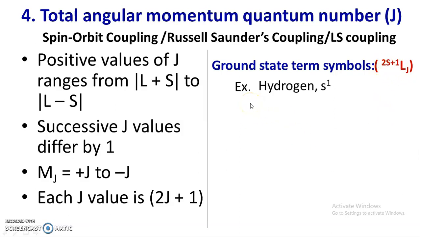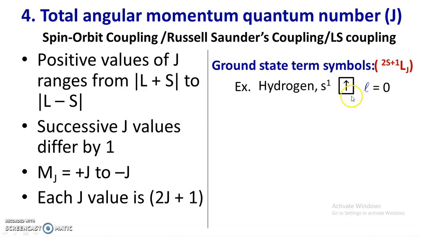So let us find the ground state term symbol for hydrogen. Hydrogen's atomic number is 1 and its electronic configuration is 1s1. There is one electron present in the s subshell, and this is the representation of that electron.